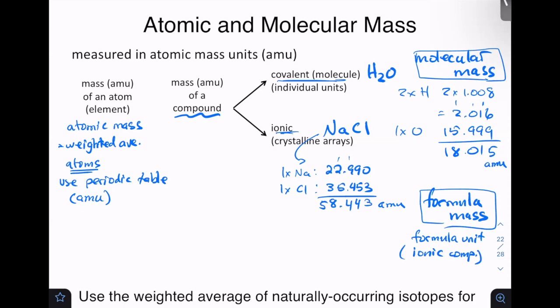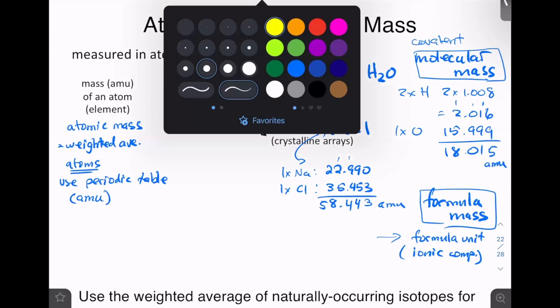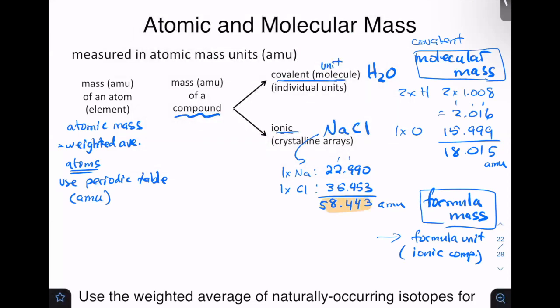Whereas when we have covalent compounds, we actually have molecules. So the molecule is the unit here, whereas the formula unit is the unit for an ionic compound. Don't worry so much about those names right now. It's the overall masses that I'm talking about here, and we can add them up just by looking at the atomic masses from the periodic table.